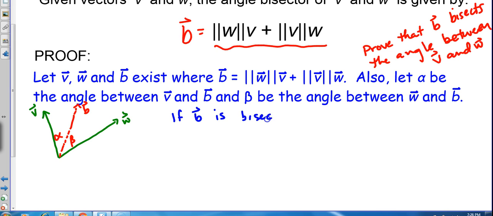all right, let's use one additional piece of info that we defined up here. We let v and w and b exist, and we also defined what b is. B is that expression, so we can go ahead and substitute in.